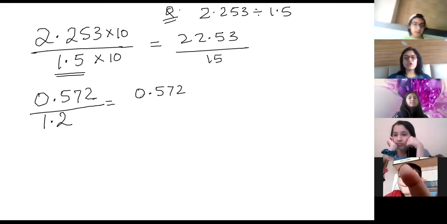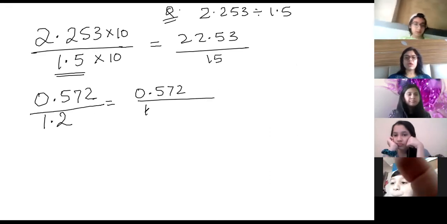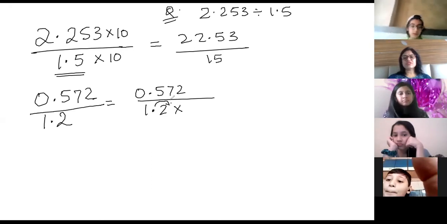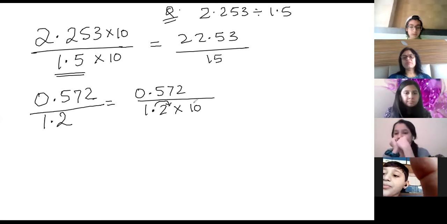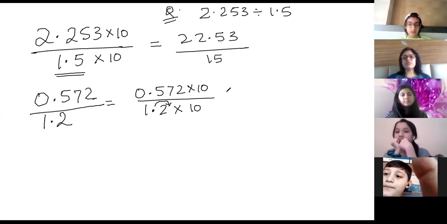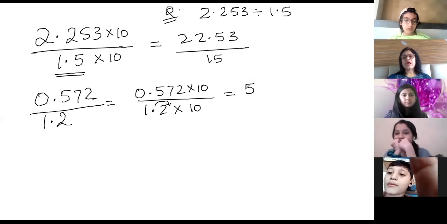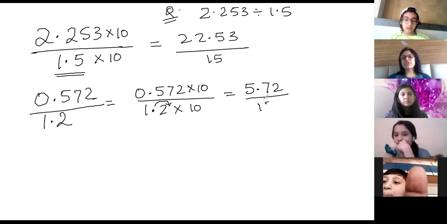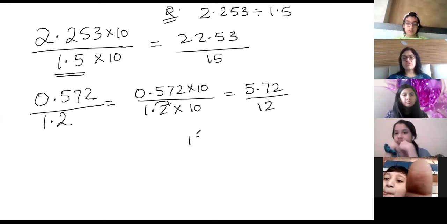Because my denominator, I have to make it into a whole number. So for making it into a whole number, I have to shift one decimal, right? How can I do that? By multiplying it with 10. So in the numerator also, I'll multiply with 10, and I'll get in the numerator 5.72 and in the denominator 12.